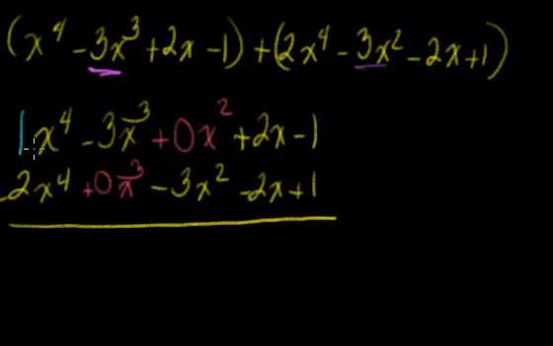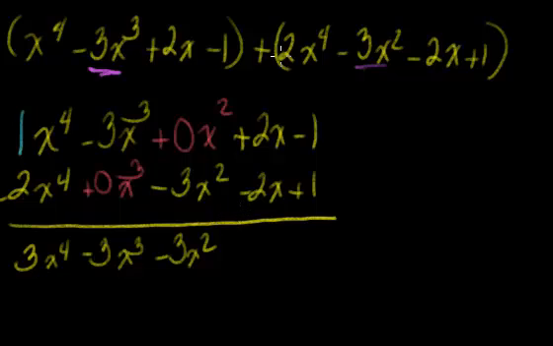So x to the fourth plus 2x to the fourth gives you 3x to the fourth. Negative 3 plus 0 is negative 3x cubed. 0 plus negative 3, that gives you negative 3x squared. 2 plus negative 2, okay, so that's going to give you 0. So we're not even going to write that, okay.